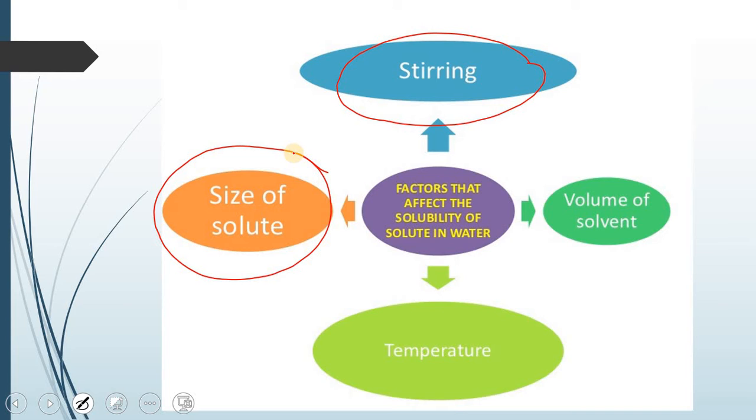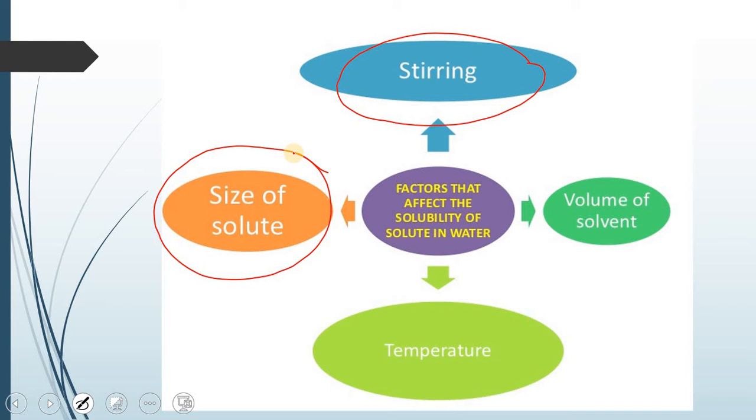And we also have here size of solute. This means if we have a bigger size of solute, it will take longer time to dissolve. So the rate of solubility will decrease as the size increases. Bila ni sebenarnya dia boleh ikut logik. So contohnya if I have sugar yang besar size dia, and I have sugar yang kecil size dia, and I want to make for example a cup of tea.